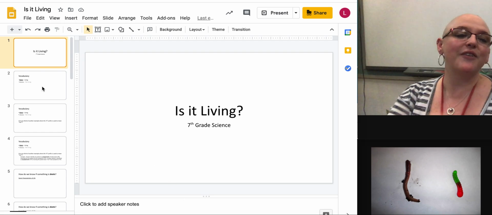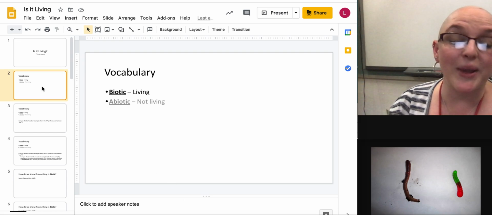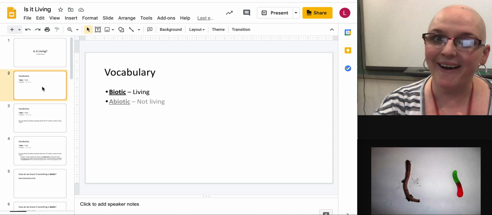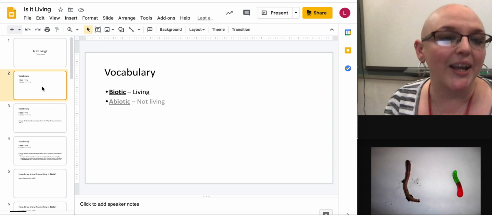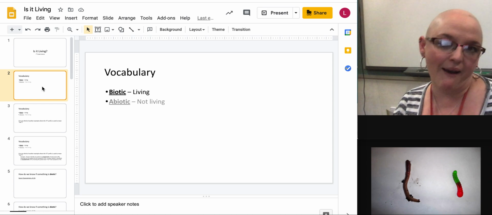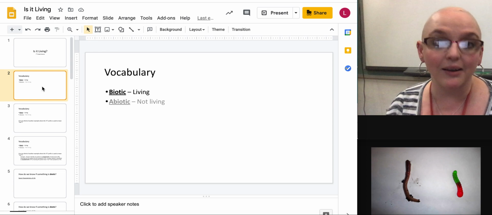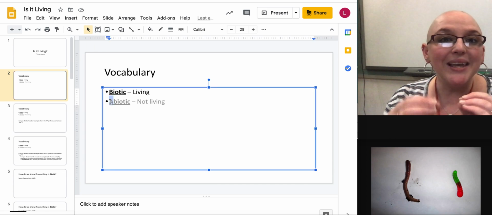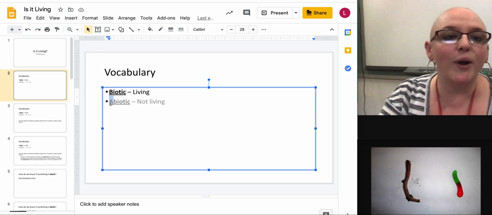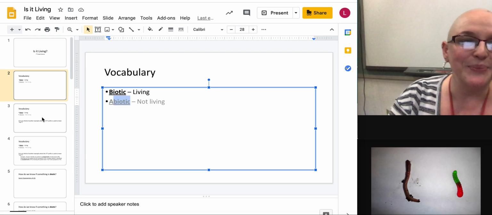So, first of all, let's go through some real quick vocabulary. We have biotic and abiotic. When we say that something is biotic, we say that it is living. And when we say that something is abiotic, we mean that it is not living. Fun fact, the prefix of the letter A means not or the opposite of whatever the rest of the word means.